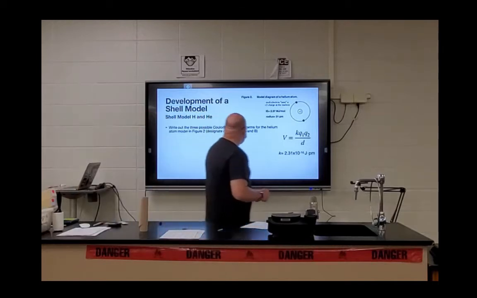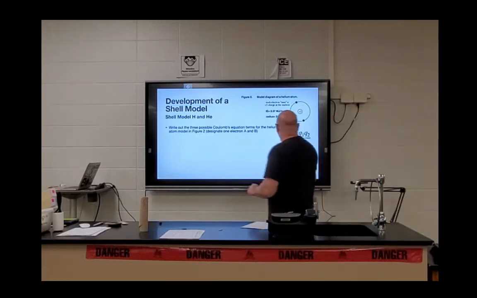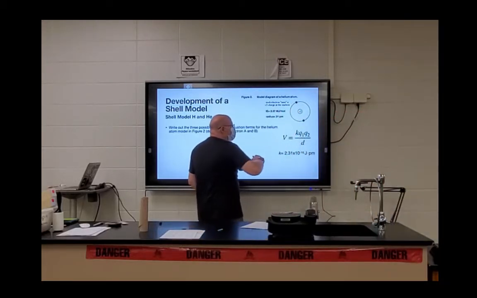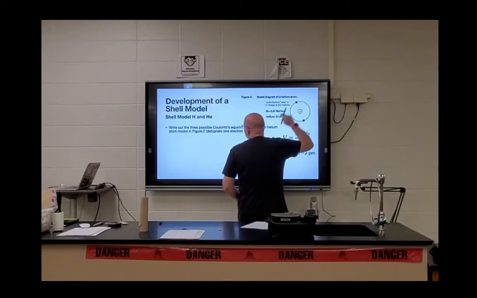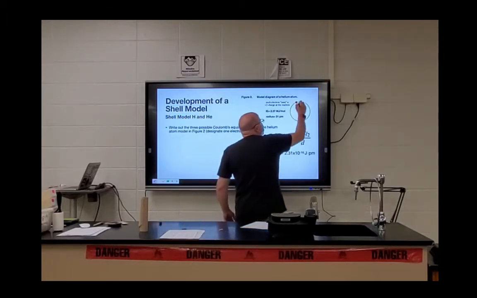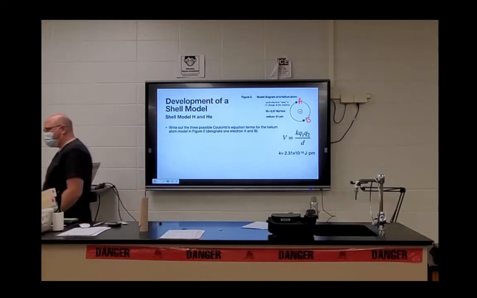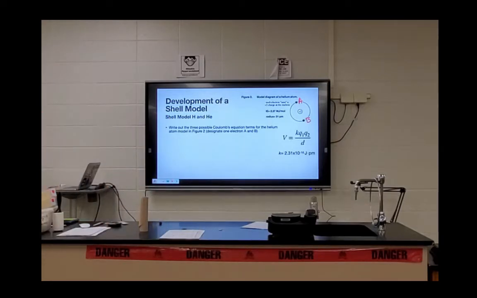Write out the three terms for helium. For that atom right there, we can designate this one A, and we can designate this one B. Write three equations that describe the interactions between those particles.